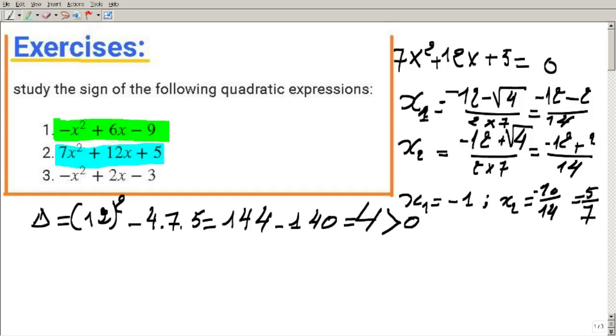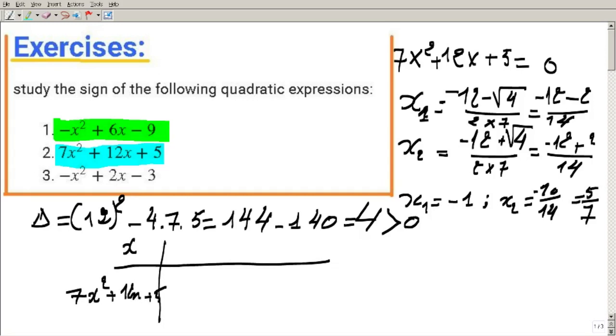So we put the following table of sign of the expression 7x squared plus 12x plus 5. Put here minus infinity, plus infinity.